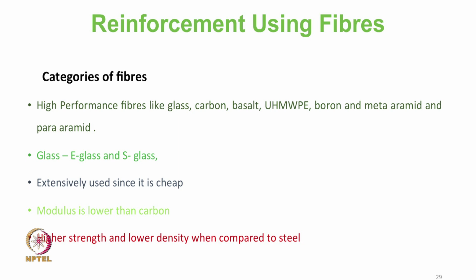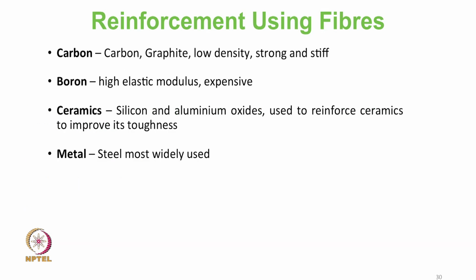It is 650,000 psi. It has more than 5 times the tensile strength of steel and a density of about 1/3 of steel. So, it is lighter than steel and its strength is 5 times more than steel. That is why the S glass is normally used for high strength composite applications.